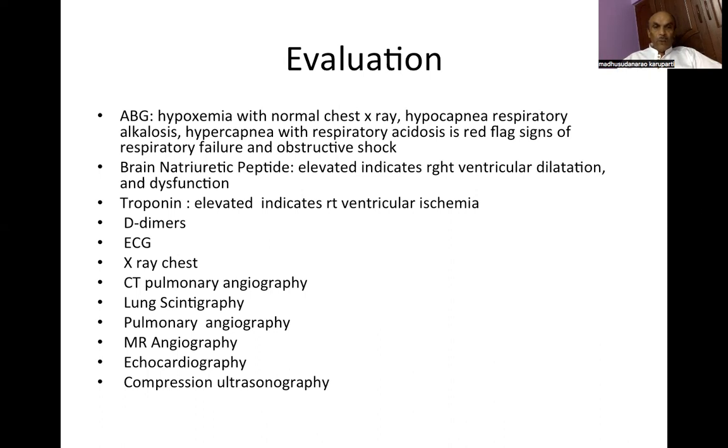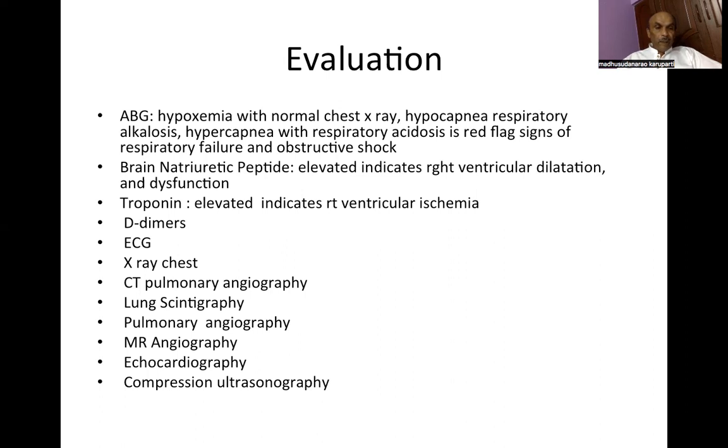Besides, they do lung scintigraphy, and if these two are not available, pulmonary angiography is the earlier diagnostic workup done on patients with pulmonary embolism. Magnetic resonance angiography is not that sensitive in the diagnosis of pulmonary embolism. Echocardiography will speak about the presence of ventricular dysfunction.